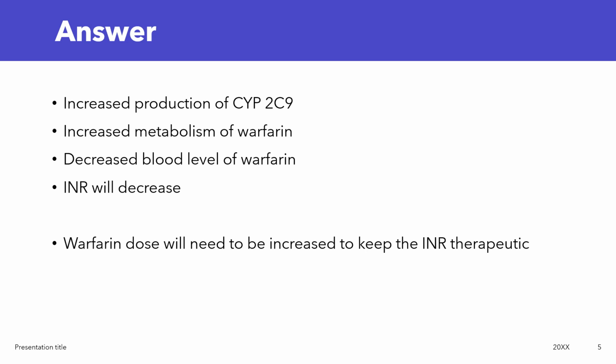And this is the reason why, because of this interaction. Because warfarin is a substrate of 2C9, rifampin is an inducer, rifampin will drastically lower the levels of warfarin, which will cause the INR to be subtherapeutic, and you would have to increase the warfarin dose to keep the INR therapeutic.